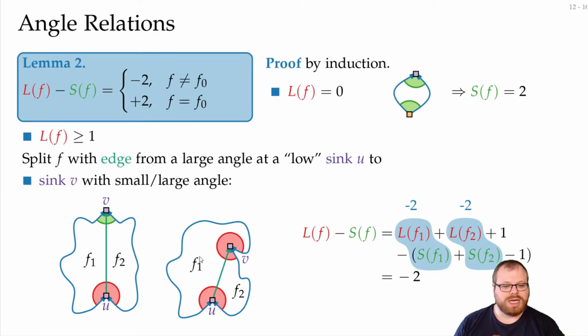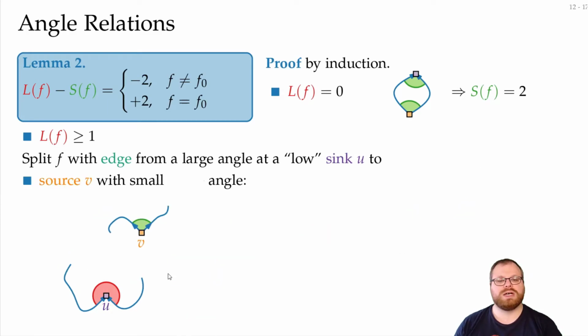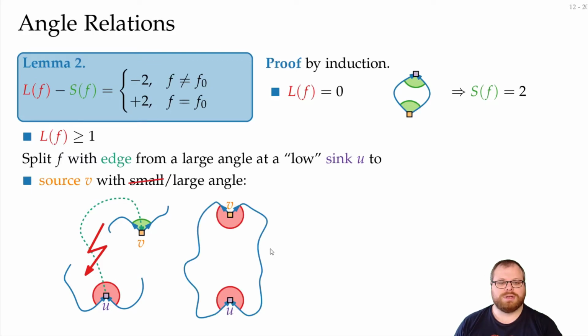Let's say we don't have any of these, then we try to match it with a source. First, a source with a small angle. So we have our u here, our v here. How can we add an edge? Here we see that this is actually not possible. So we cannot do that. What if we have a source with a large angle?